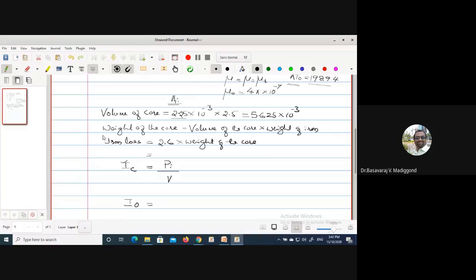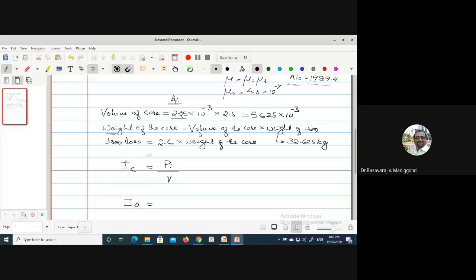Now calculate the weight of the core. Volume of the core into weight of the iron. How much will you get? 32.625 kg.